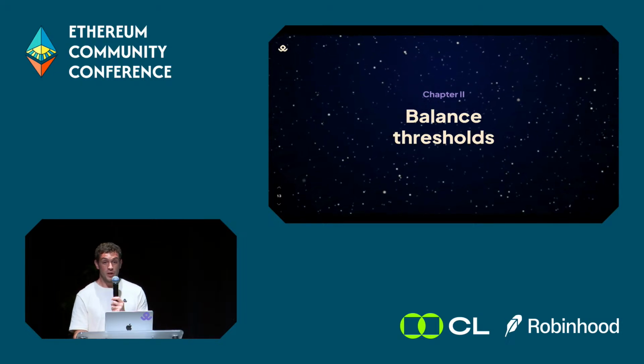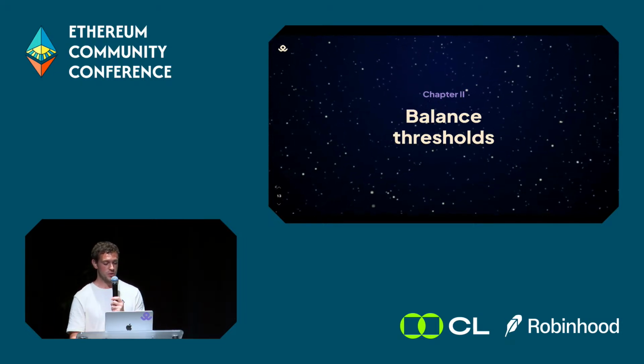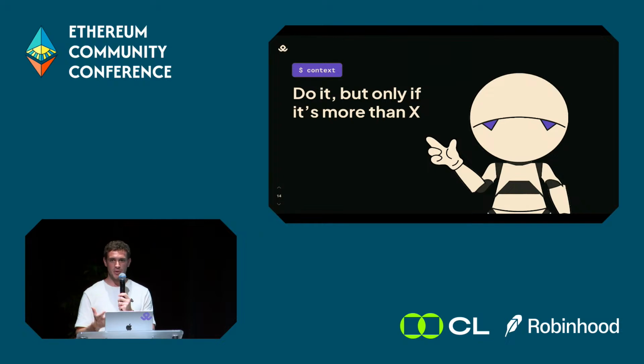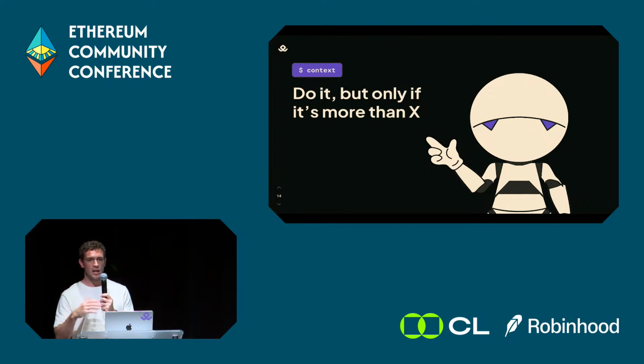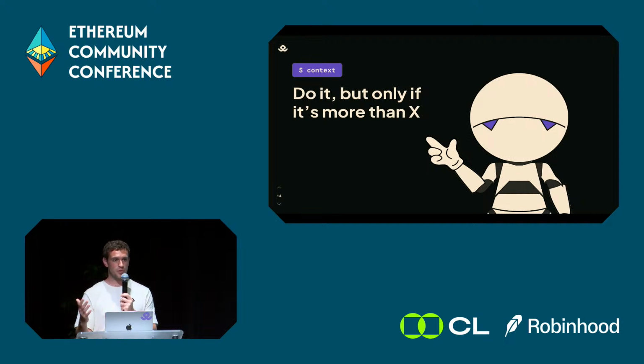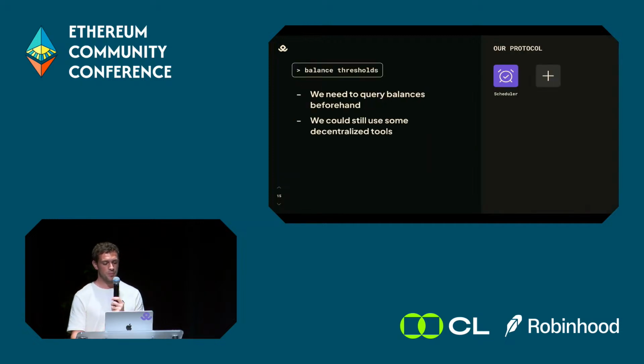Chapter number 2, balance thresholds. This is very common, but usually users don't want to send transactions if it's not above or under certain thresholds. Let's say we're talking about money. We don't want to send a transfer if it's just a small amount of money. We want to do it if it's more than X or under Y, whatever. This looks very simple as well.